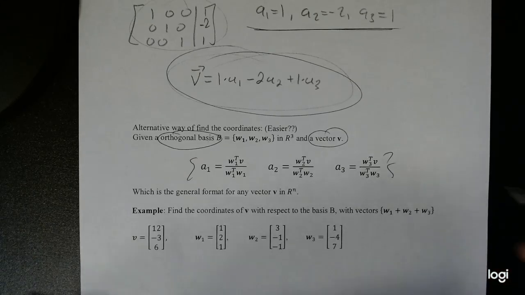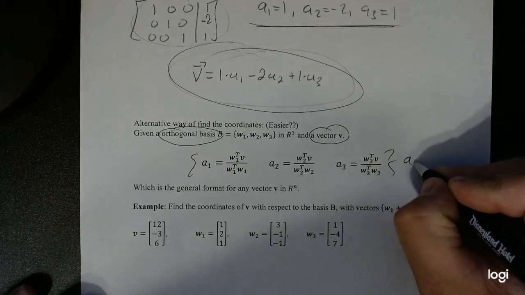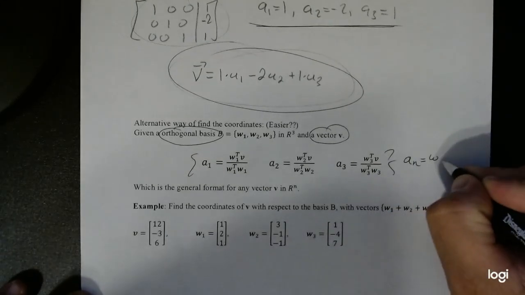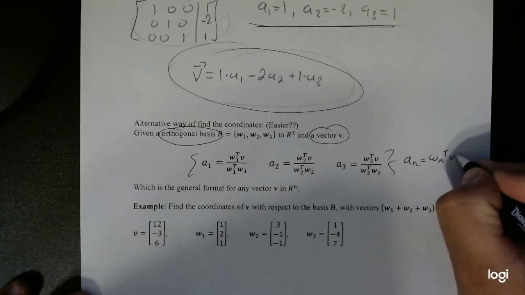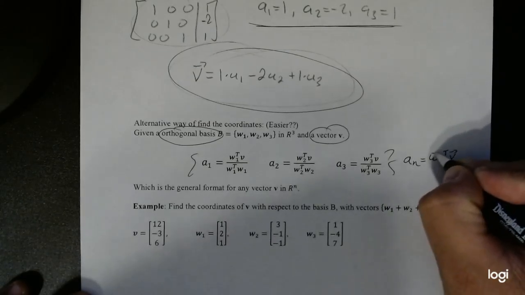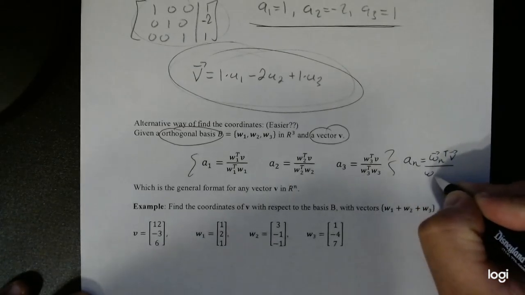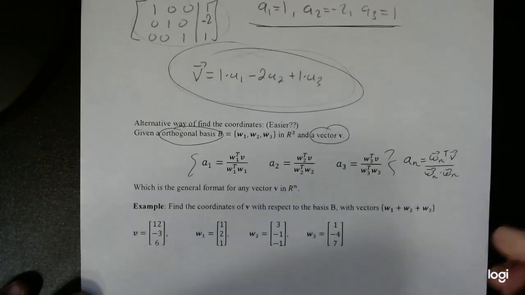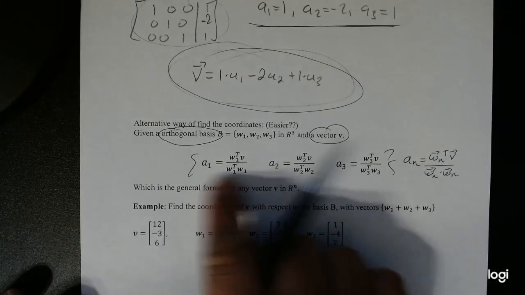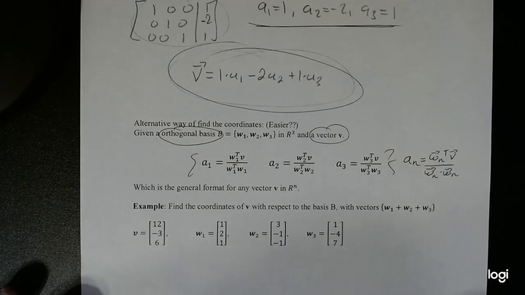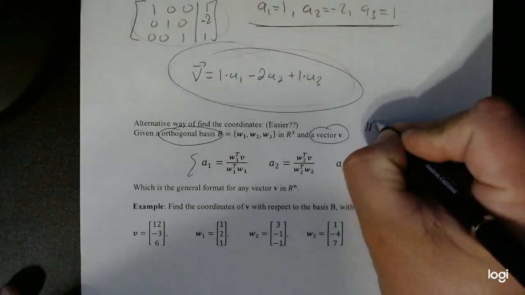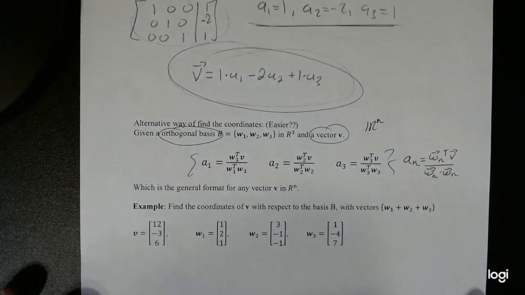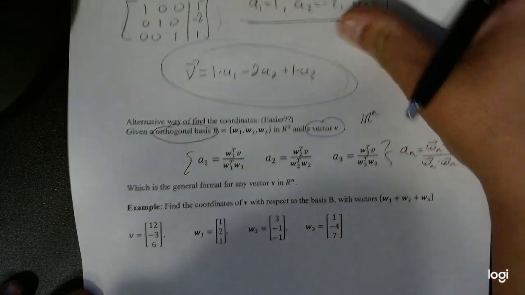So like A sub n would be Wn transpose V over Wn transpose times Wn. Right, that would be like the arbitrary nth value if we go to Rn itself. Okay.